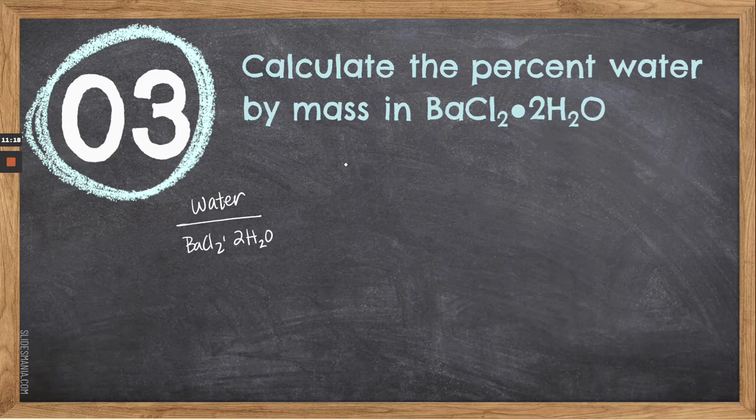So I know what my water weighs, 18.02, and there's 2 of them. So that's going to be 36.04. But I'm also going to have to now on the bottom add in the molar mass of the barium chloride. So this means I'm going to need a calculator here for a second. Barium chloride is pretty heavy.